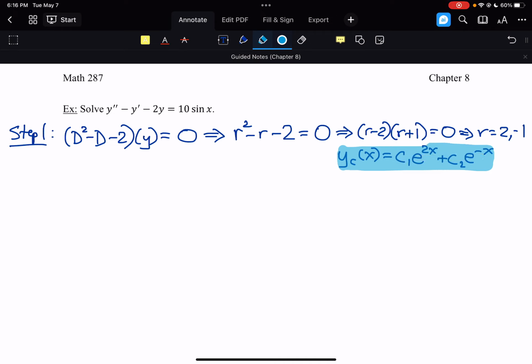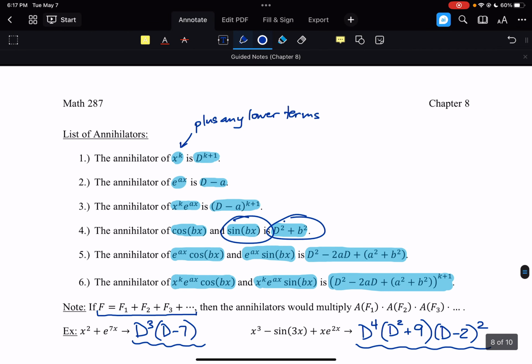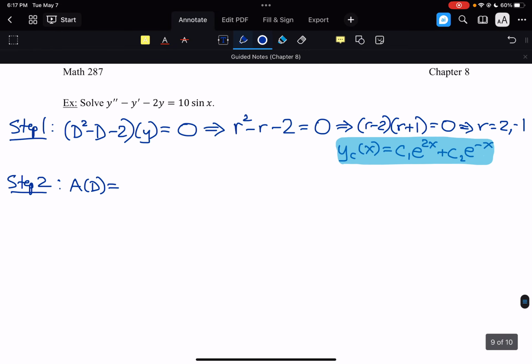So that's our complementary. Then for step 2, we're looking for the annihilator for this function, 10 sine of x. So if we go back and look, sine of bx is d squared plus b squared. This is just sine of x, so that's sine of 1x. So it's just going to be d squared plus 1.